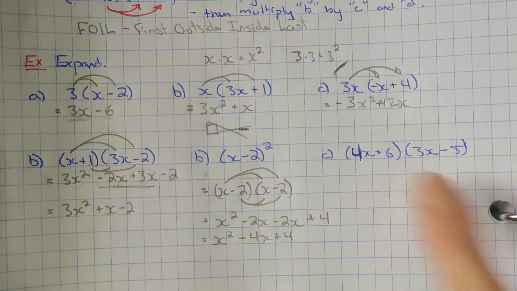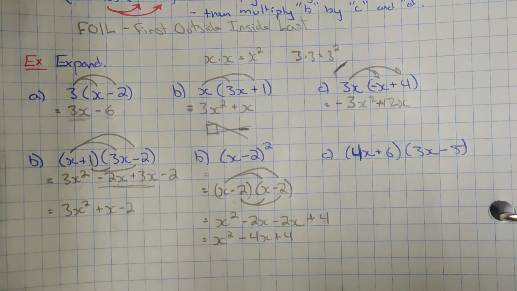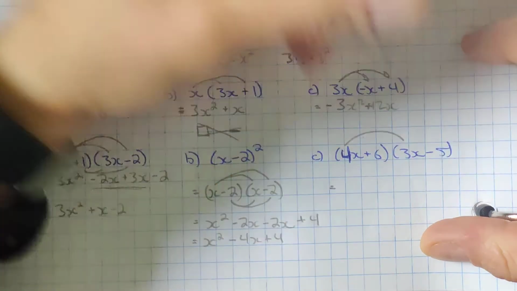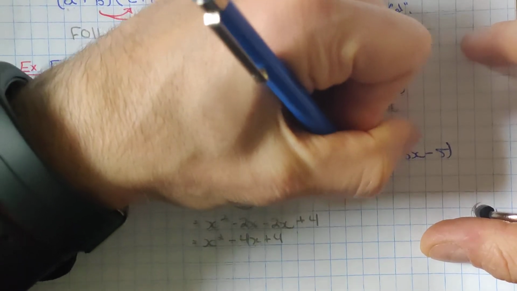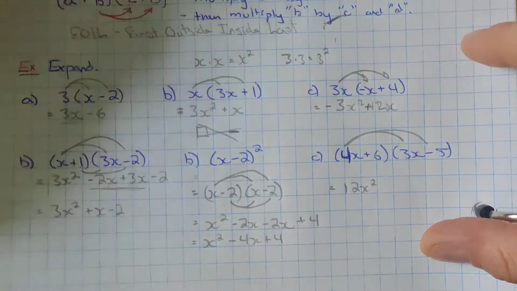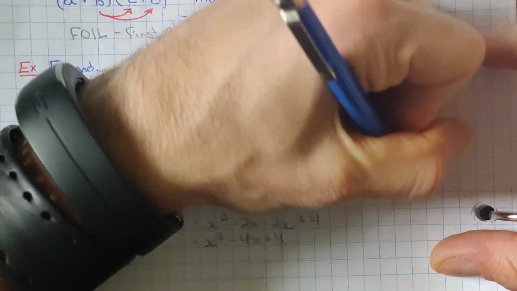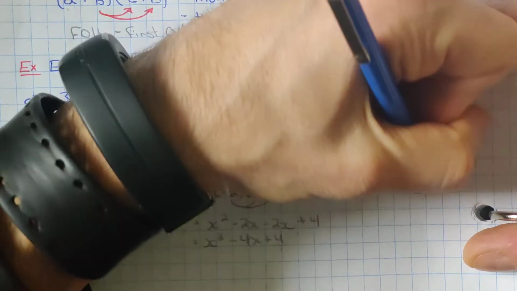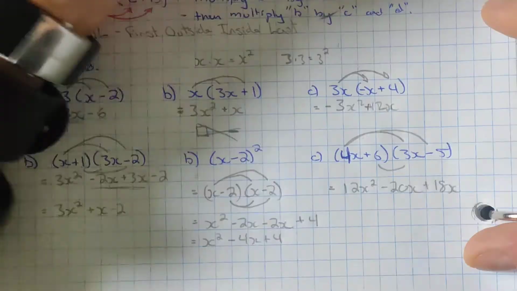So there's that one. And then our last one, we just got some bigger numbers, but the same process applies. 4x times 3x gives me 12x squared. 4x times negative 5 is going to give me negative 20x. 6 times 3 is going to give me 18x.